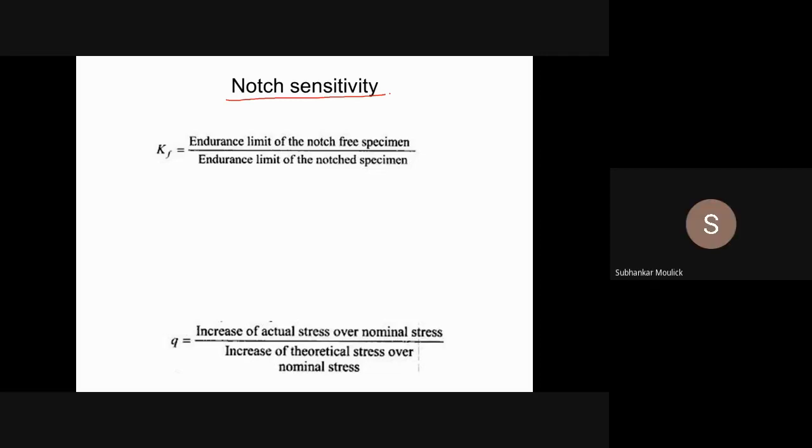Notch sensitivity. What is sensitivity? In general, if I say my ear is very sensitive, by that word, what do I understand? It can pick up very low volume sounds as well. Or the response time will be very much less.